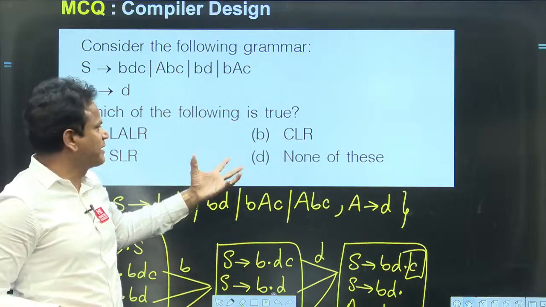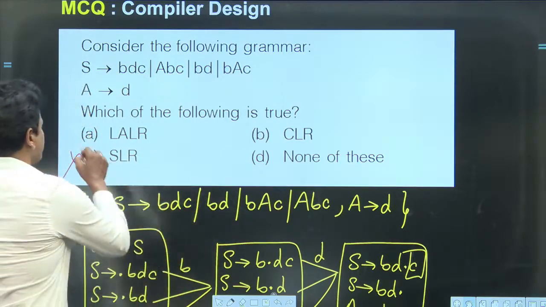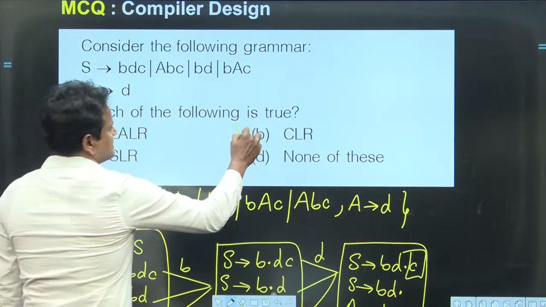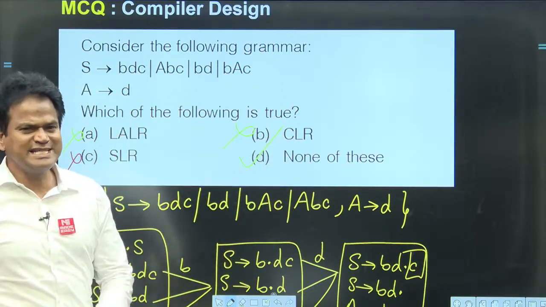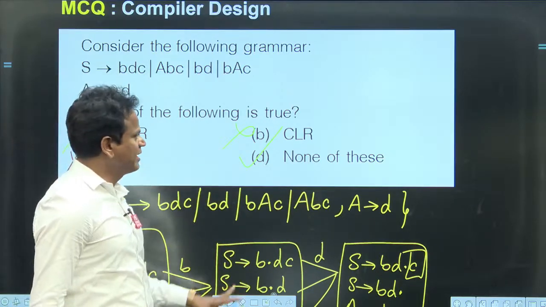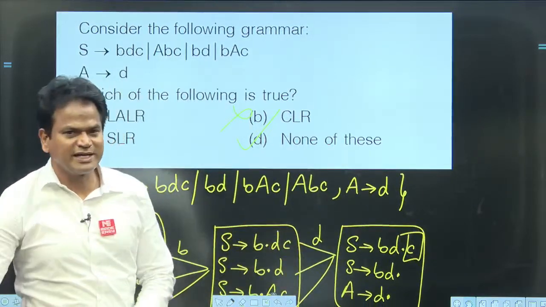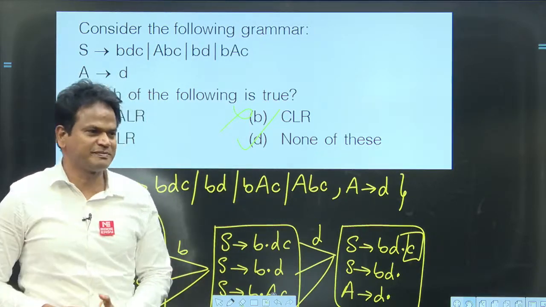But as per my data, whatever I have here, I got it as not SLR, not LALR, not CLR, so the answer will be none. Okay, so easy question, only thing is it takes a little bit of time. Okay, that's all we have for these questions. Now another faculty will come and Bala sir will take over now. Okay, thank you.